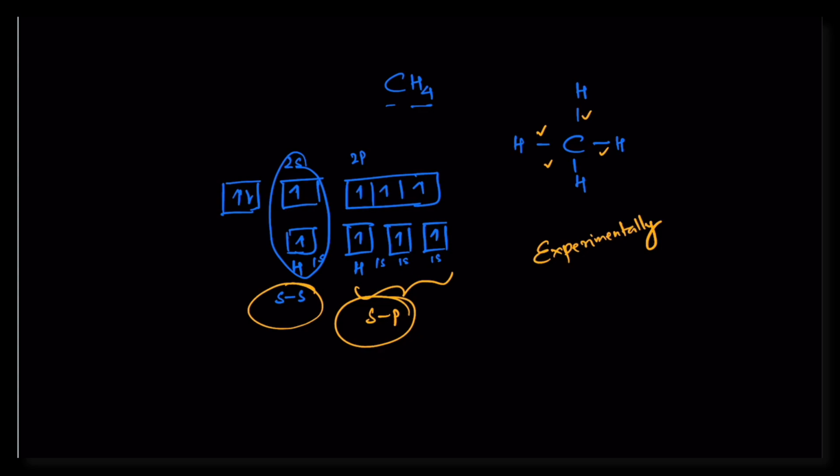That means that something else must be going on, because otherwise we should have one s-s bond and three s-p bonds, and they should differ from each other in bond length, their energy levels, etc. But what we find is that all four bonds of hydrogen and carbon in methane are identical. The orbital theory does not explain this. And so in comes hybridization.